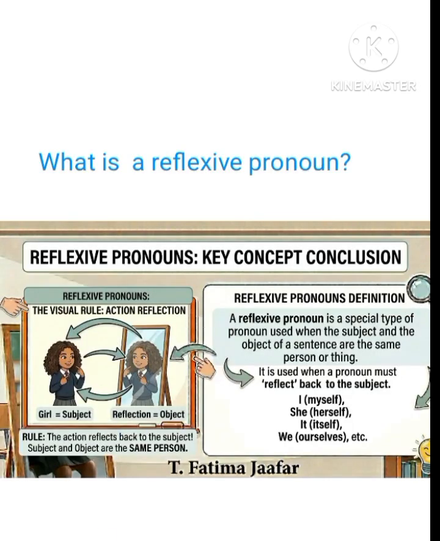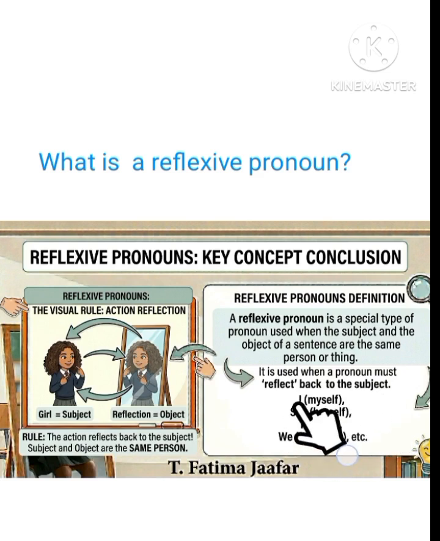So, what is a reflexive pronoun? A reflexive pronoun is a special type of pronoun used when the subject and the object of a sentence are the same person or thing. It is used when a pronoun must reflect back to the same subject.